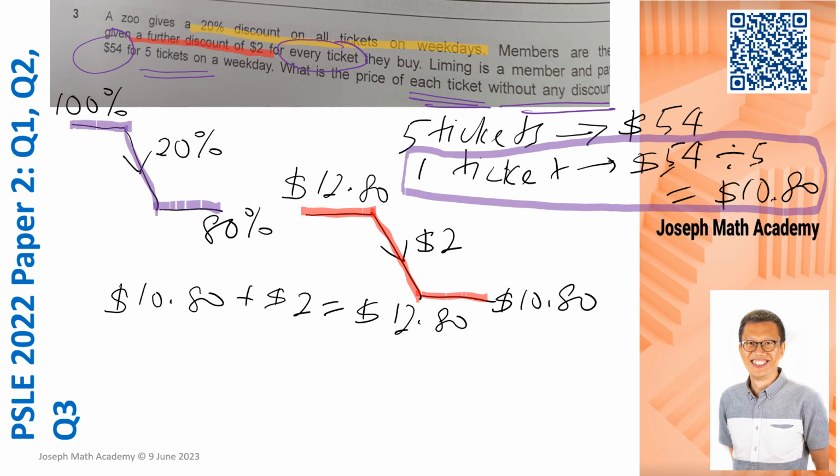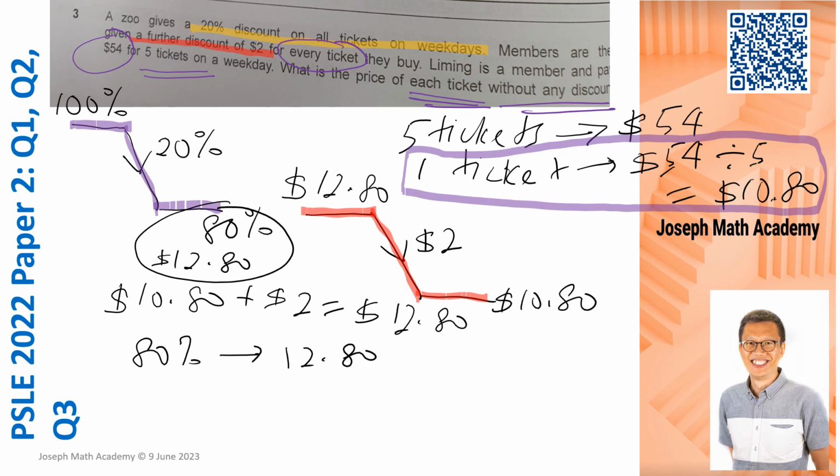That means $12.80 is actually the same as 80%. So 80% is $12.80. 1% would simply be 12.80 divided by 80, and that gives us 16 cents.